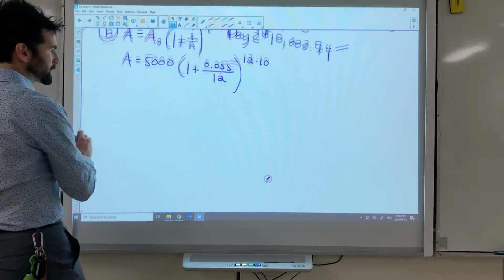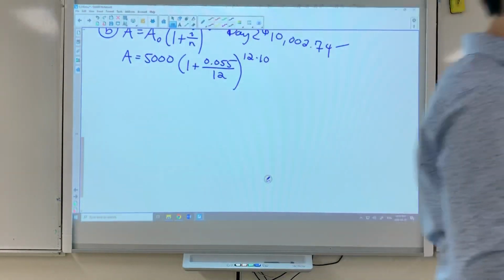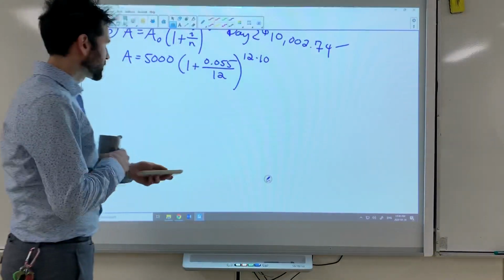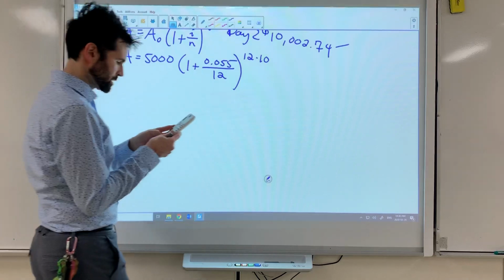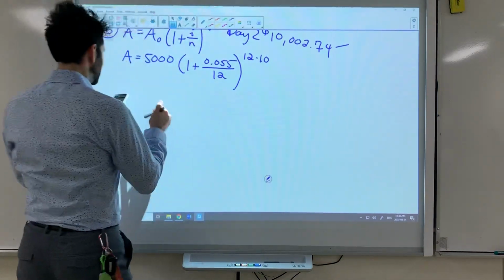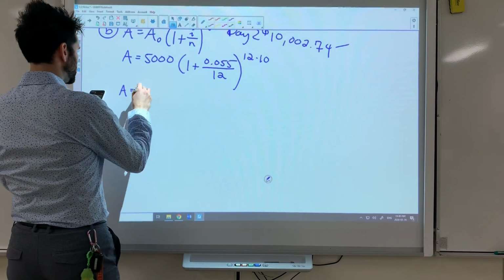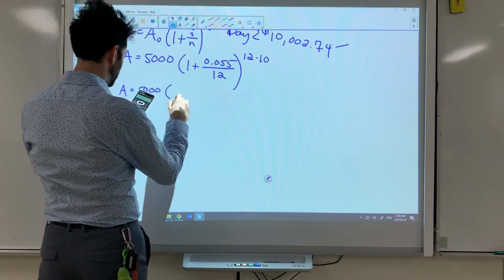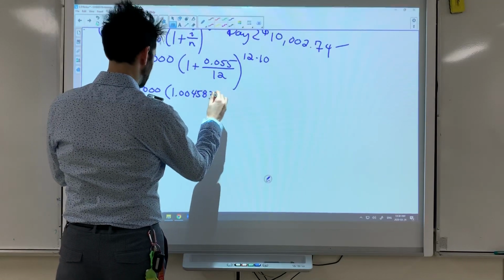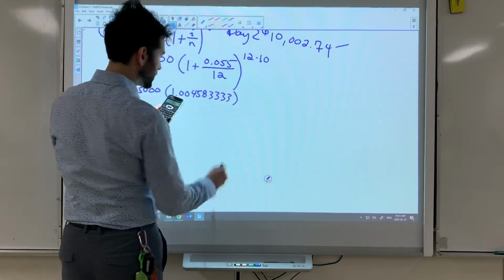How I recommend you type it in on your calculator is do the bracket first, just follow order of operations sort of. So bracket first, let's see what we get, 0.055 divided by 12 plus 1. Now, it's going to seem silly, but you're going to want to keep every single decimal point that you get. Every single one. And just trust me on that.